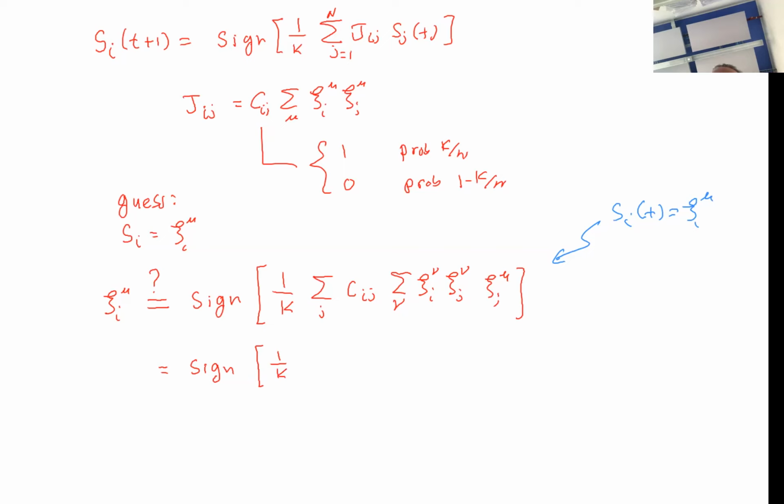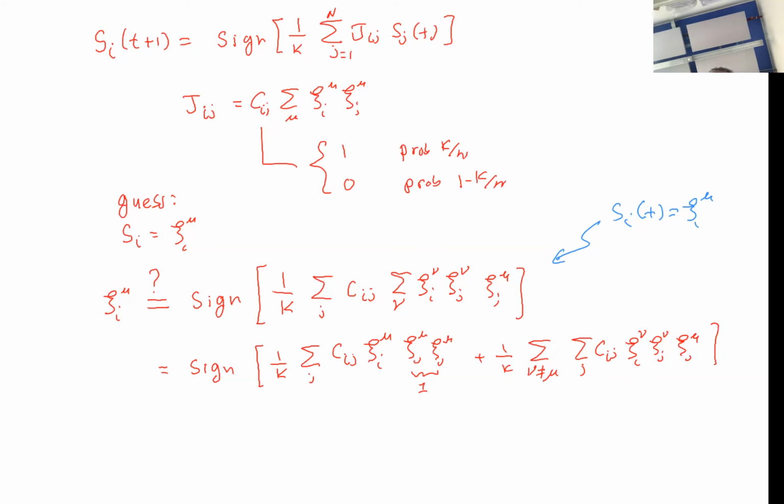So we have the sum on j of C_ij squiggle i mu squiggle j mu squiggle j mu, and this, of course, is 1, plus 1 over k, the sum over nu not equal to mu, sum on j of C_ij squiggle i nu squiggle j nu squiggle j mu.